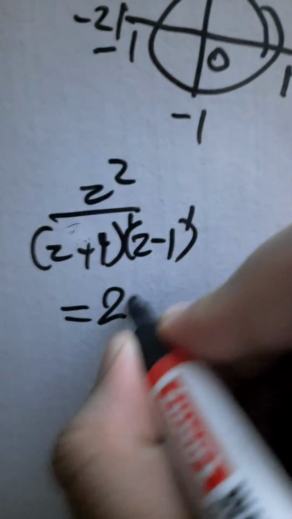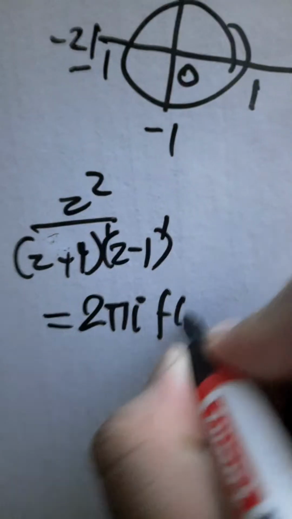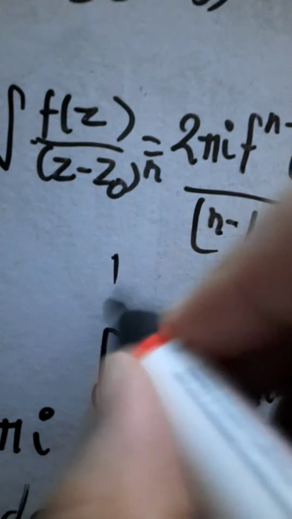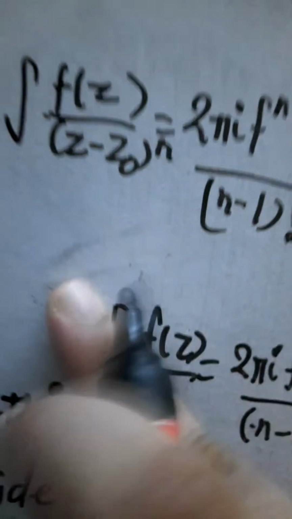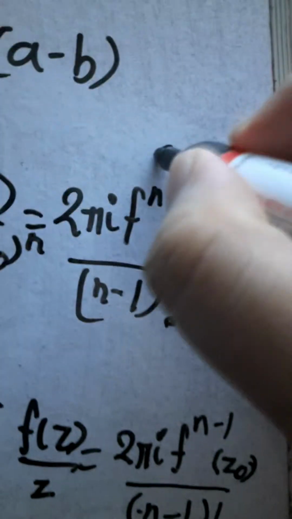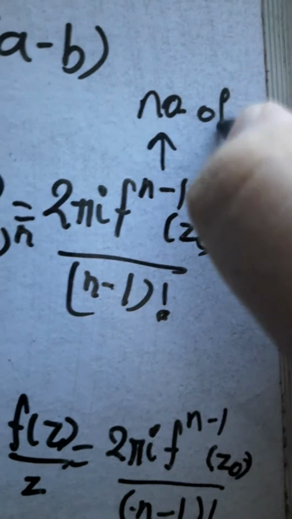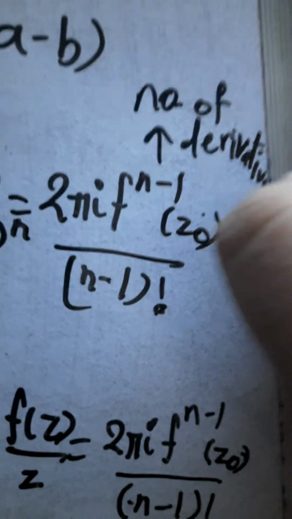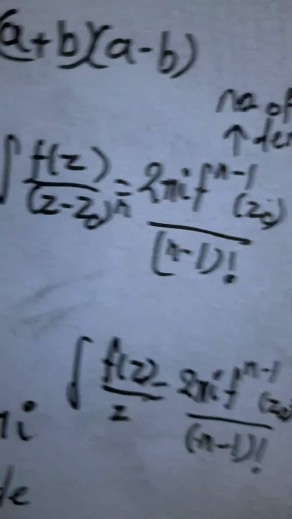We read a different formula in the textbook for this. We read its integration as 2 pi I f of z naught, but it actually comes from this, right? If we take this n as 1, then 1 minus 1 is 0. This is the number of derivatives, because it is to reduce power. The more derivatives we take, the more we reduce power.